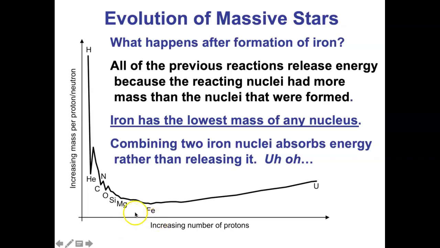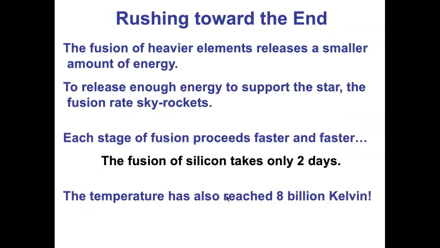So taking iron and fusing it into even heavier things actually consumes energy, not produces it. Every time you go through a step, from carbon burning to neon burning to oxygen burning to silicon burning, the next step has to go faster and faster and faster.